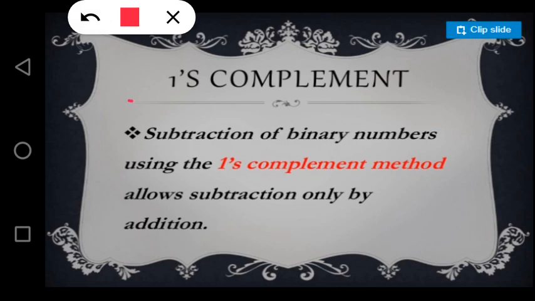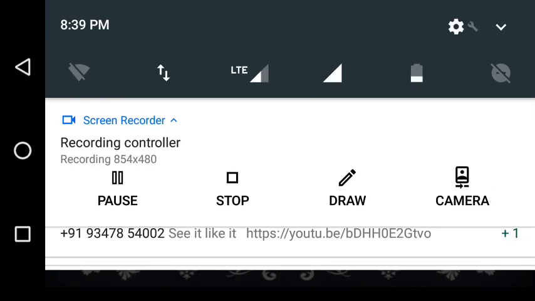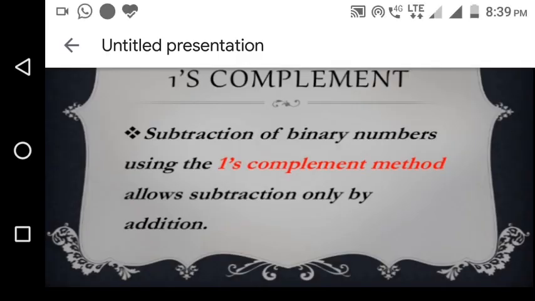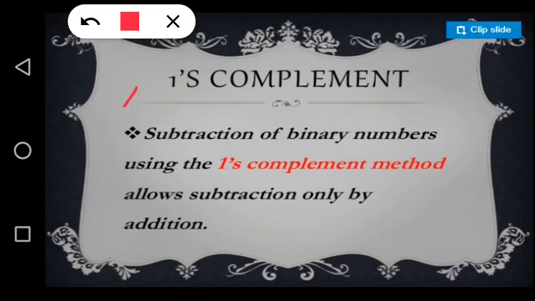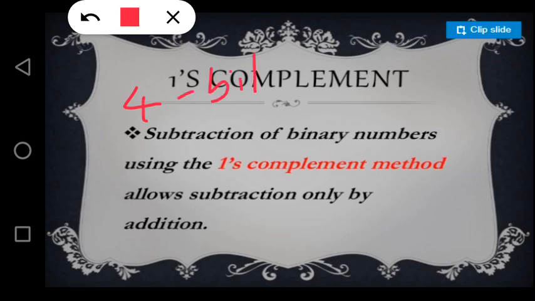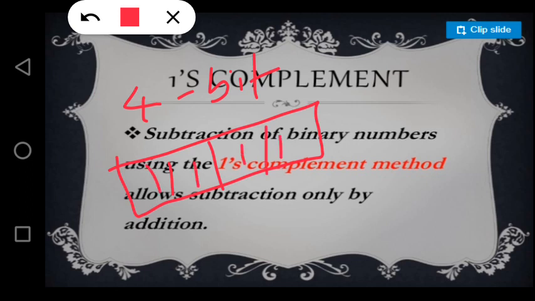So, largest, if I have 4 bits, the largest number is 1, 1, 1, 1. How does that come? 2 power 4 is 16, minus 1 is 15. It's an unsigned representation. It is quite simple.